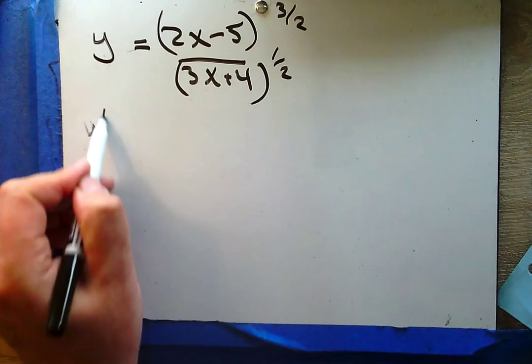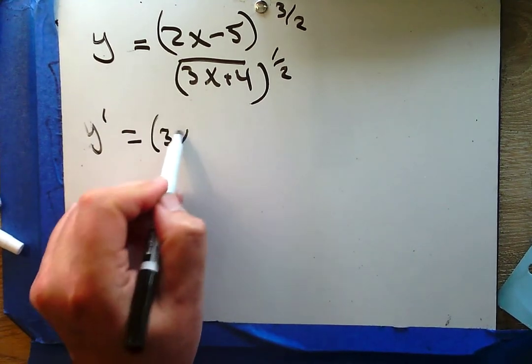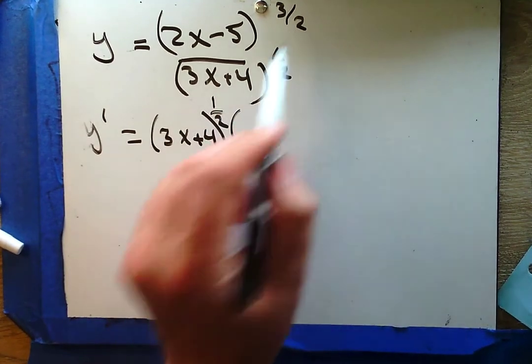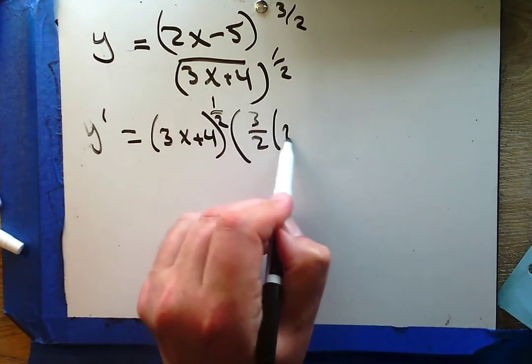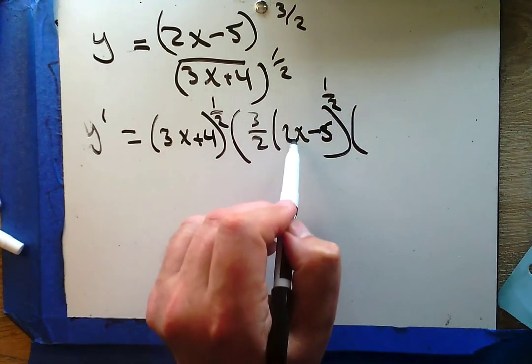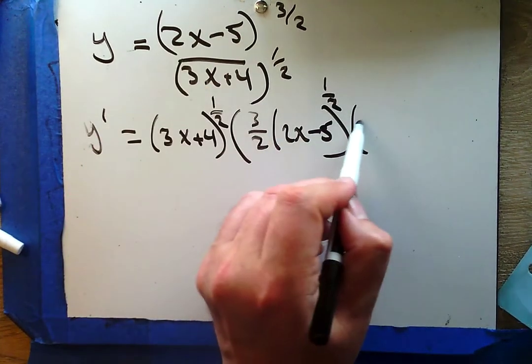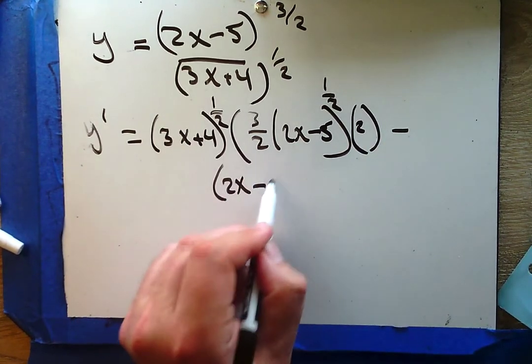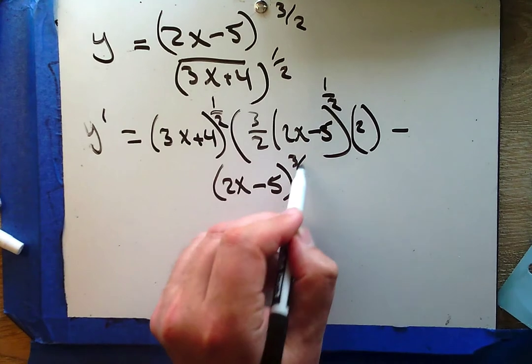All right, y prime equals low d high. Don't forget to take the derivative of that inside function. Minus high d low.